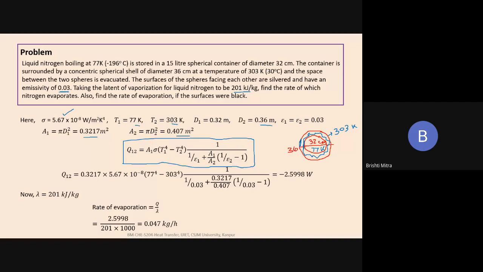Always remember, temperatures have to be put in Kelvin or the absolute scale. Epsilon 1 and epsilon 2 are the emissivities of the two surfaces. And we have been told that the emissivity of both surfaces is equal to 0.03 each.